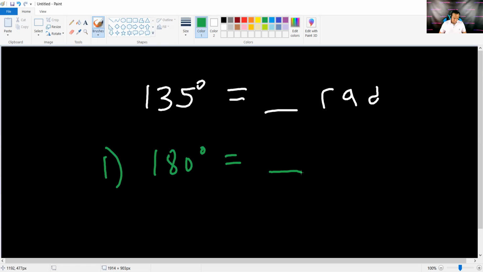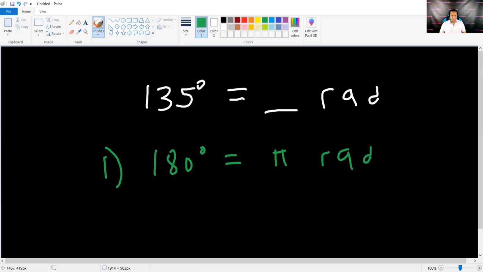Well, I know that it's not a blank, actually. I know that that equals pi radians because it's my reference point. Well, if I find out what number goes into 180 and 135, I would find myself one step closer to the answer.